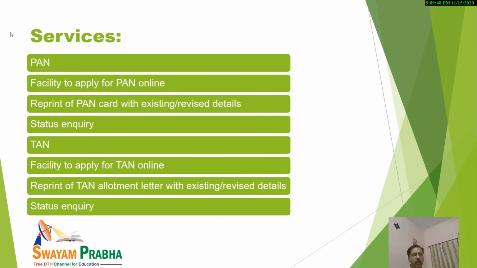Status inquiry is there regarding OLTS, regarding change, and then TAN is there. We can apply for TAN, and we can change some particulars in TAN. We can have a reprint of the TAN allotment letter, and it may be with existing or revised details.